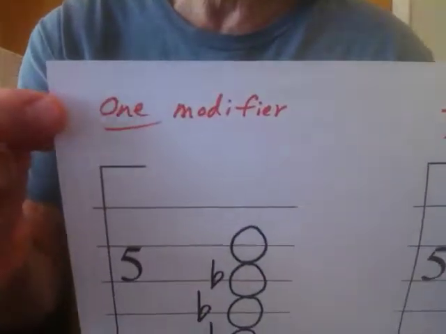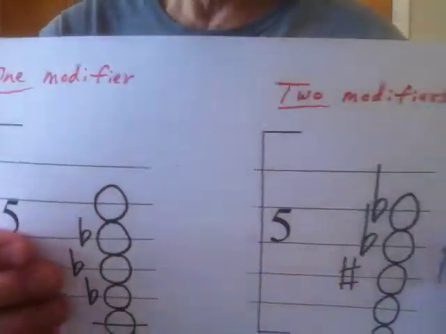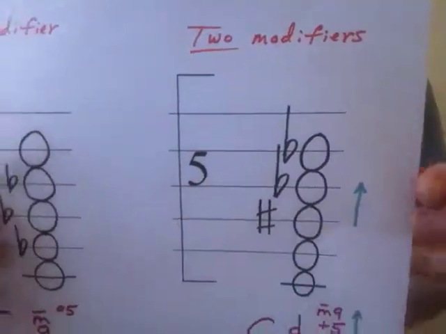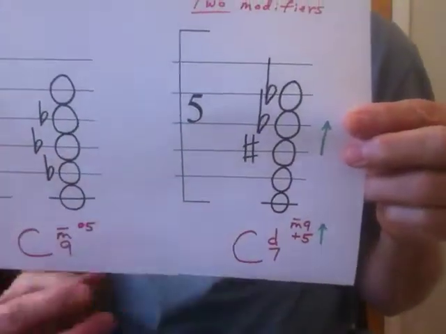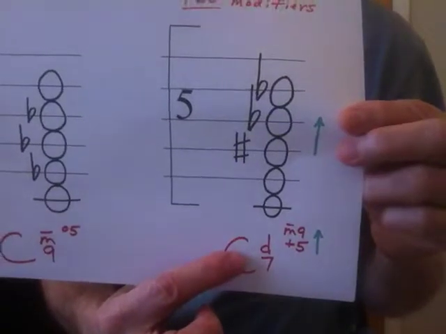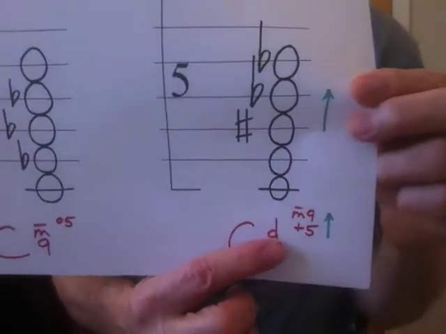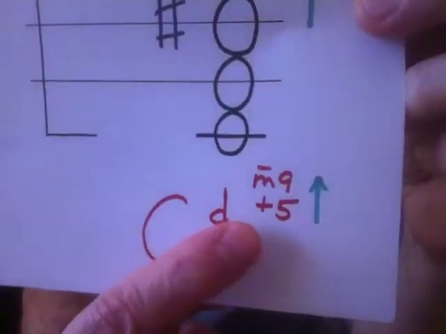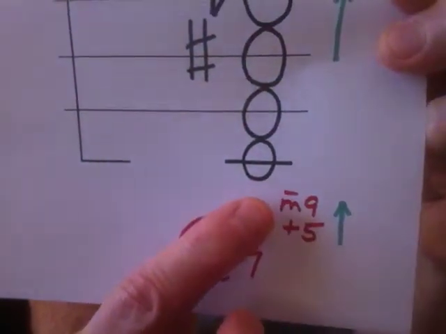Now here's what I didn't show you. That's an example with one modifier. But what if you have two modifiers? Over here we have a different chord. We have a C dominant seventh chord, and we have two modifications: an augmented fifth and a minor ninth.